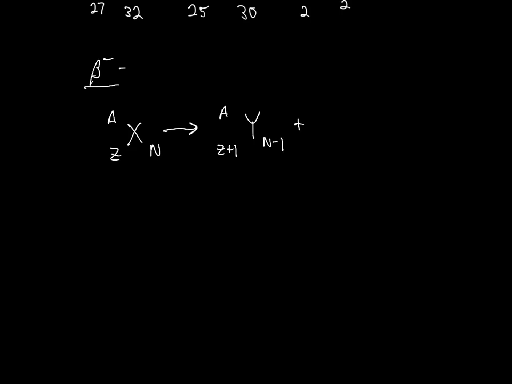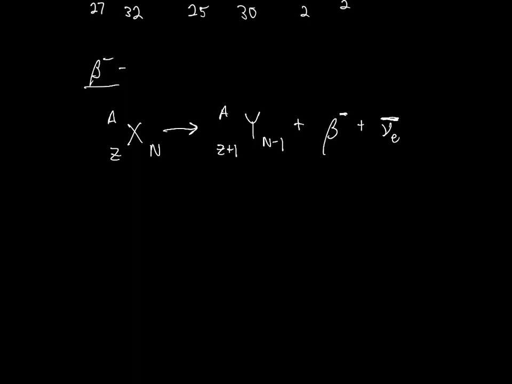plus a beta particle, which is an electron, plus something called an anti-electron neutrino. The anti-electron neutrino is completely neutral. It has no effect on the charges. Don't care about that. Electron, what's the charge for an electron? -1.